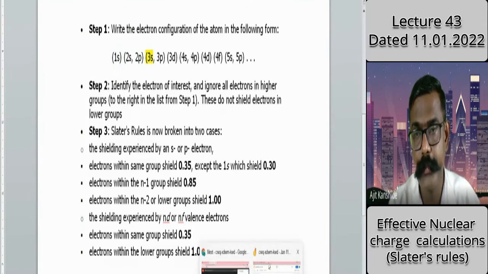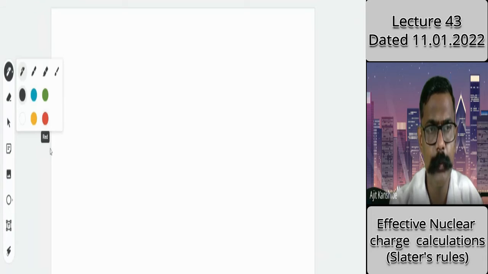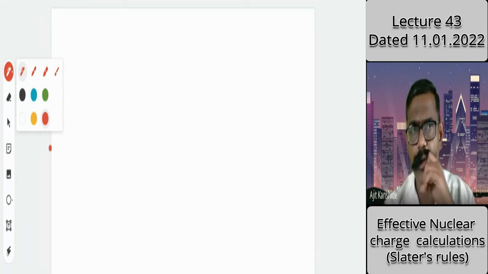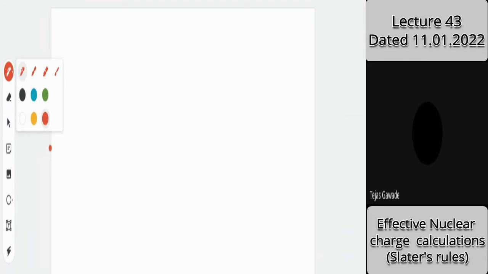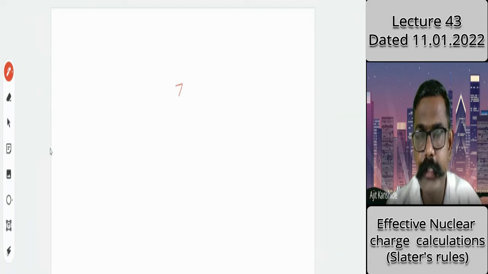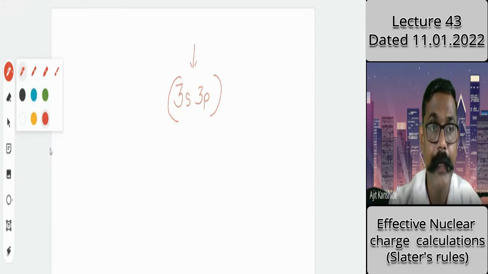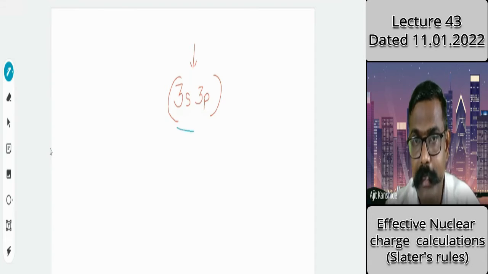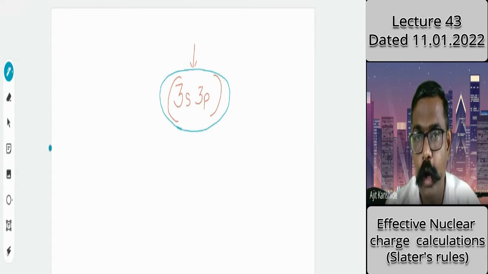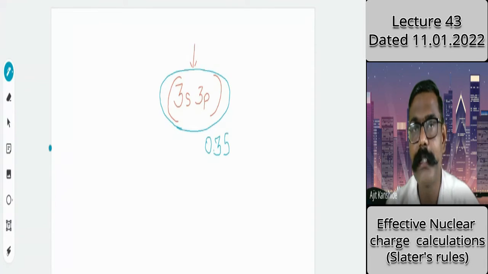Let me see. Could you see the whiteboard that I am showing now? If the electron under consideration is in the 3s and 3p group, then the neighboring electrons within this group will have a contribution of 0.35. It is our rule number 1.